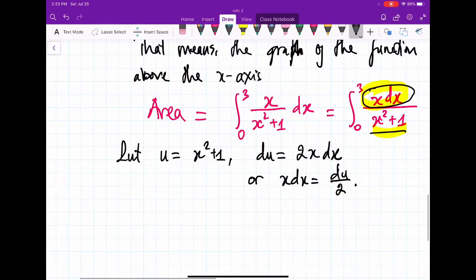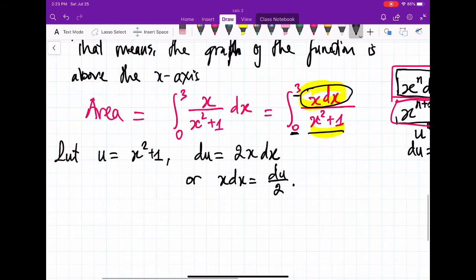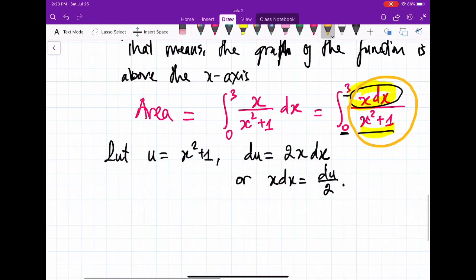Now, you might choose to change the integration limits 0 and 3, because you already did the substitution. Or you may just find the antiderivative of the original function right here, and at the end, you plug 0 and 3 into the formula. Whatever you want, okay? But I choose the second way. I will find the antiderivative of x over x squared plus 1, and at the end, I plug 0 and 3 into that.